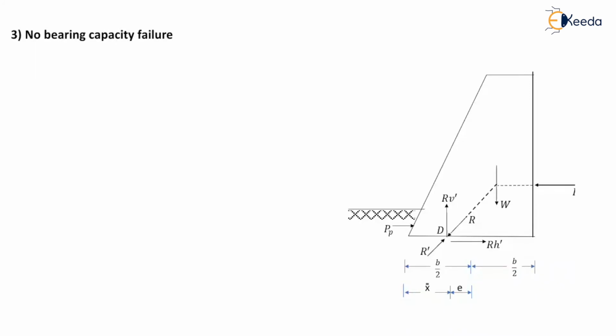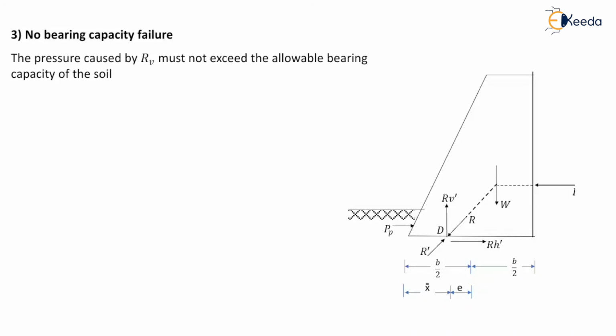The third condition is no bearing capacity failure. So pressure by the wall should not exceed the bearing capacity. The pressure caused by RV must not exceed the allowable bearing capacity of the soil. The pressure distribution at the base is assumed to be linear.